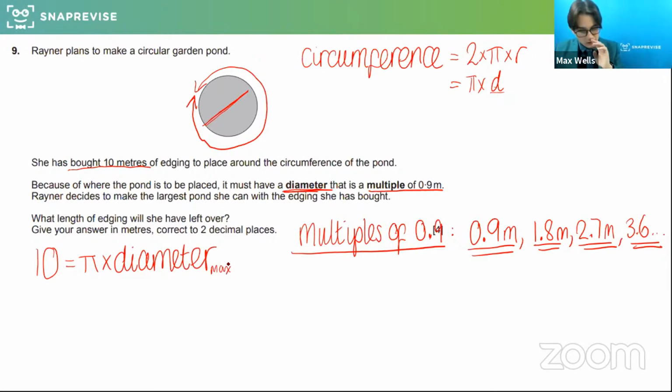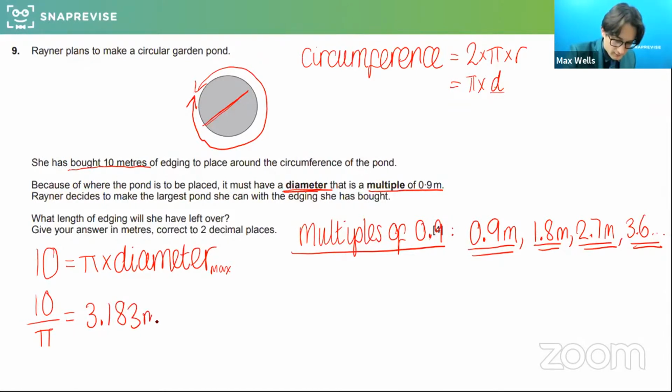If the most that the circumference can be is 10, we can work out the maximum diameter by doing 10 divided by pi. For those of you that have done that, we get an answer of 3.183. So that's the most that the diameter could be.